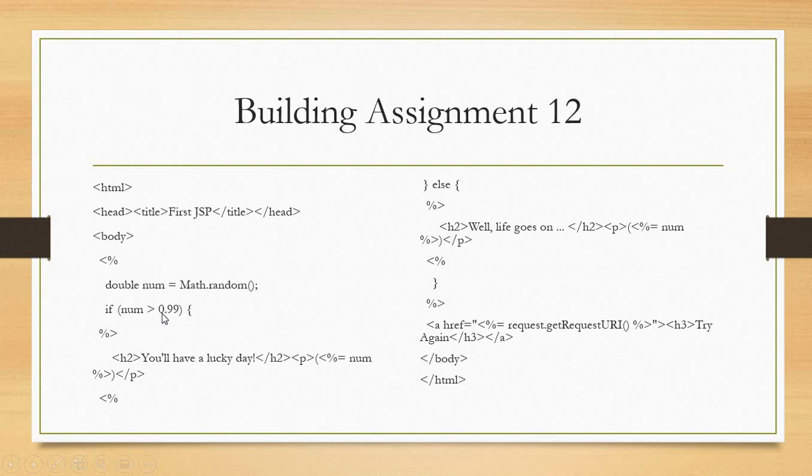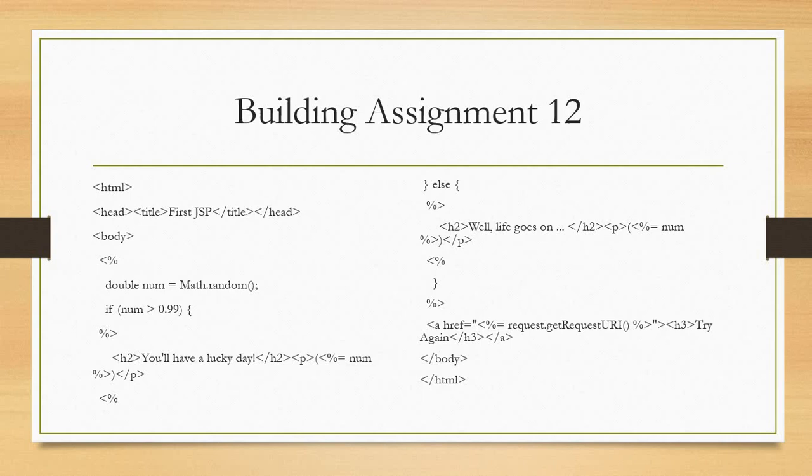So we check whether the number is greater than 0.99 so that it's greater than 1. If that's true, we print out a message, you'll have a lucky day. Else, we print out a message, well, life goes on. And we even add in a specific button where we can click and try again.